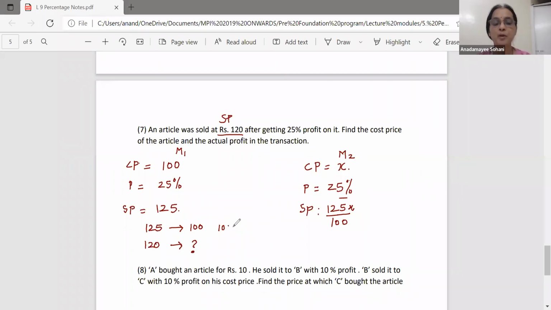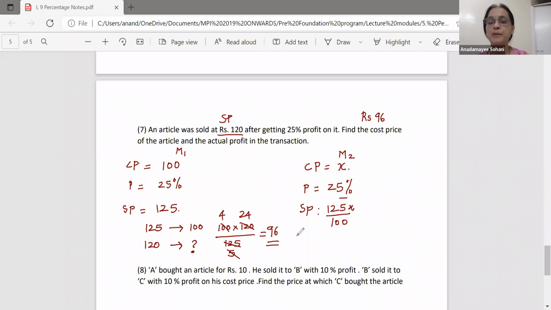Understand how I'm doing this. I will do it as 100 into 120 upon 125. 25 fours are 100, 25 fives are 125, 5 ones are 5, 24s are, 24 fours are 96. The cost price is 96 rupees. This is the correct answer.